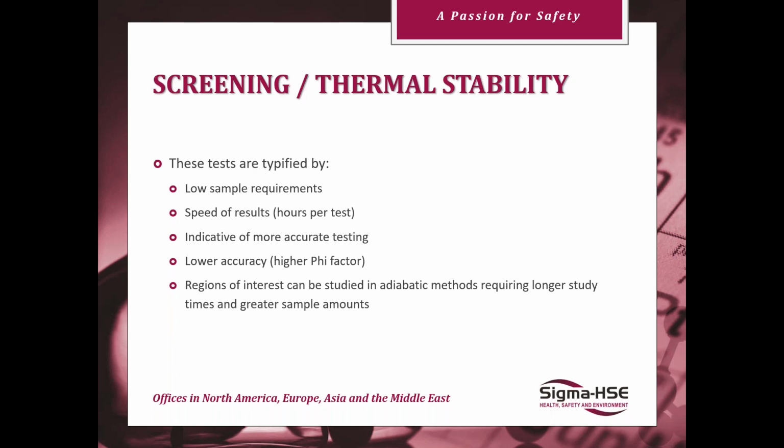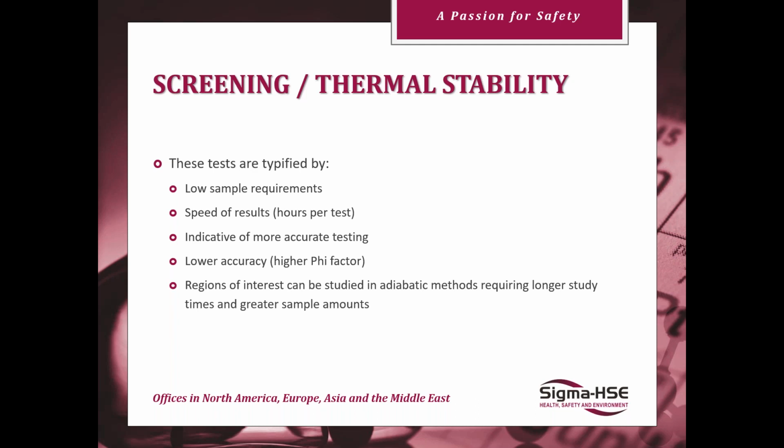So these tests are typified by a low sample requirement, which is great if you're early in your process development timeline. You might have only generated a kilo or 2 of material in the lab. You can share with us a few grams, and we can get this initial data for you.